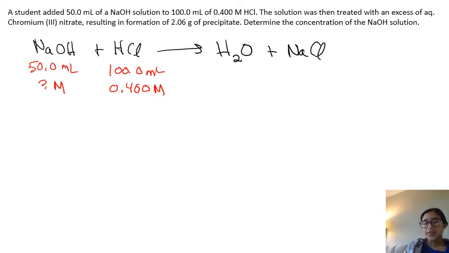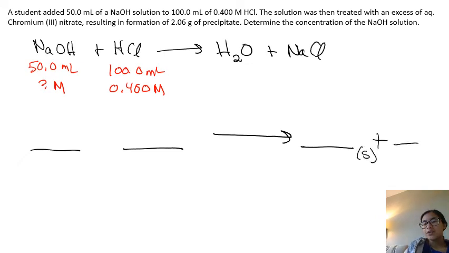All right, so I'm going to lay out the skeleton for a precipitation reaction, right? So we usually have two soluble aqueous solutions. They're going over and forming a solid precipitate plus the aqueous counter ions. These guys should be aqueous as well.